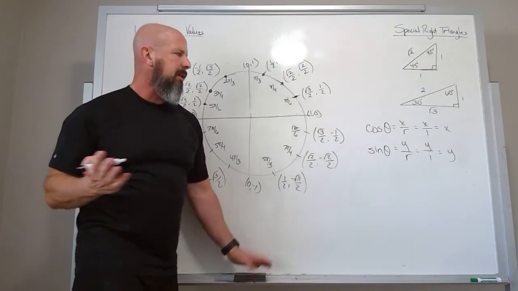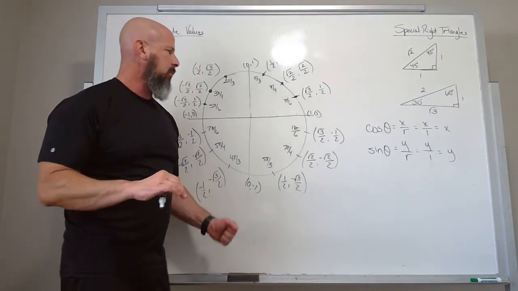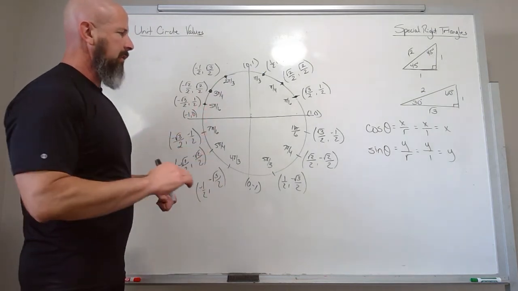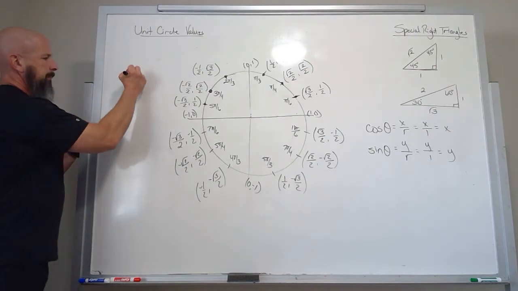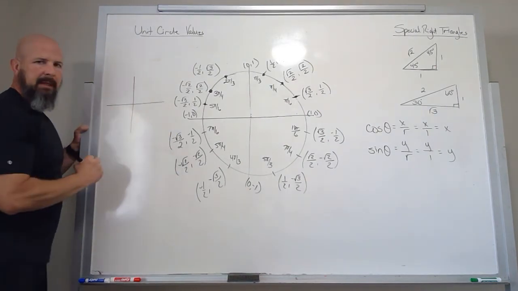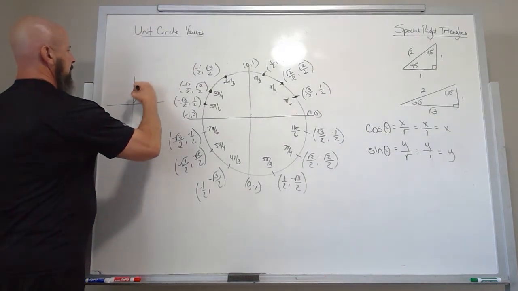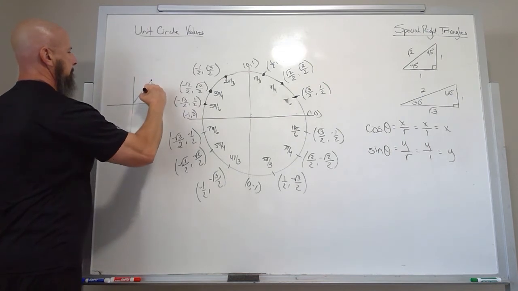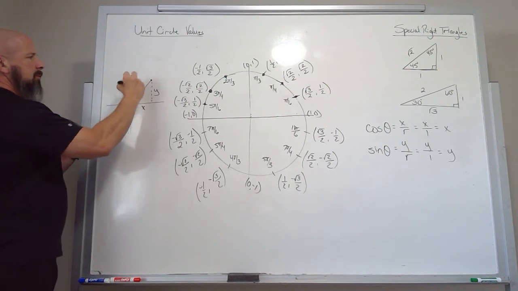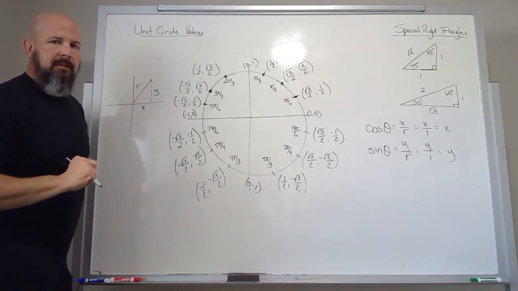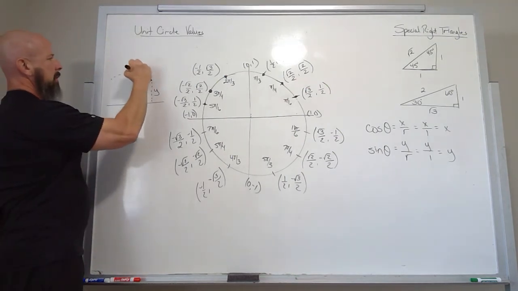Now the reason that the cosine is the x value and the sine's the y value, just look on the grid here. Okay? No matter where you were on the grid, just draw an xy plane here. Let's say I'm right here. Well, that's the x value, that's the y value, and this would be the r value. All right, so the radius of that circle going around.